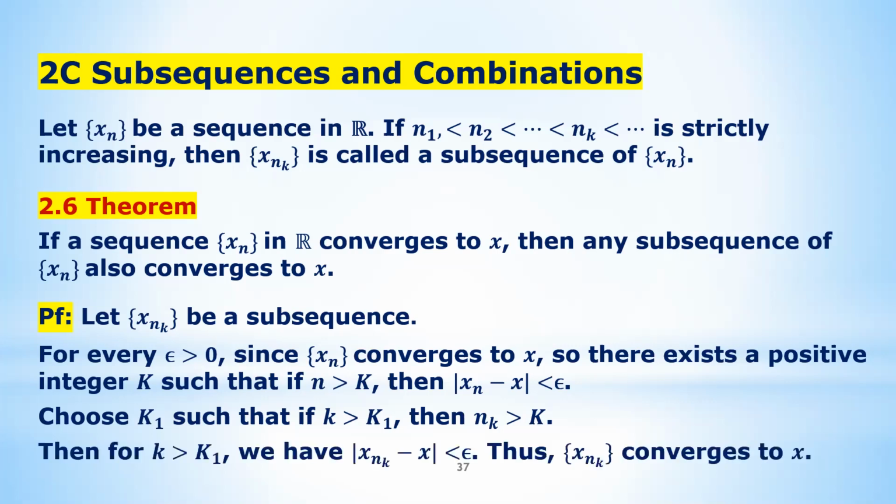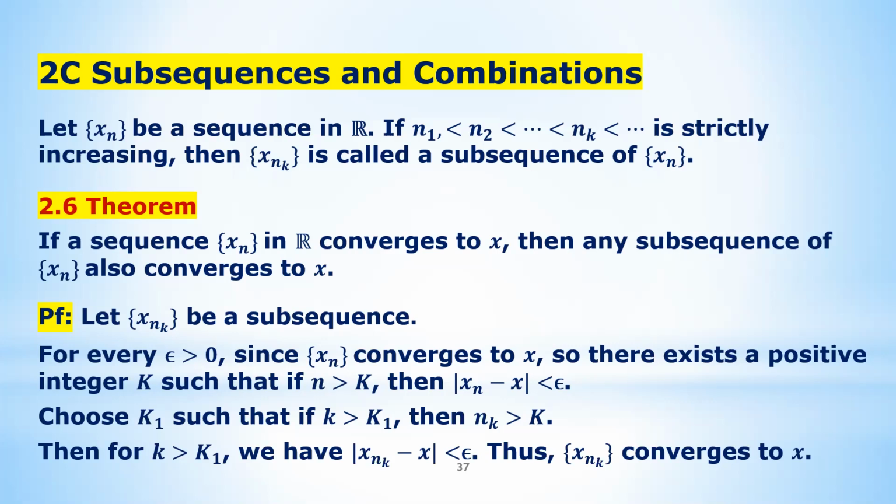So such k1 will always exist, and for k greater than k1, we must have the absolute value of x_{n_k} minus x less than epsilon. So this simply says that x_{n_k} converges to x.